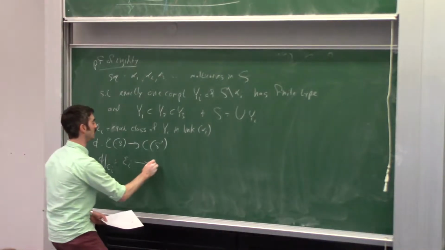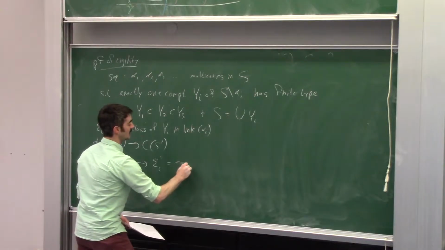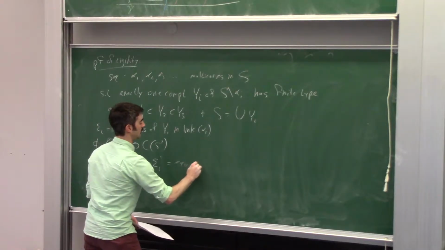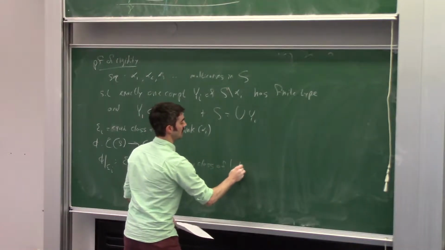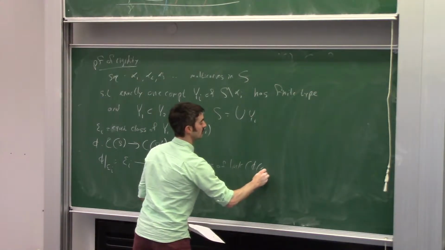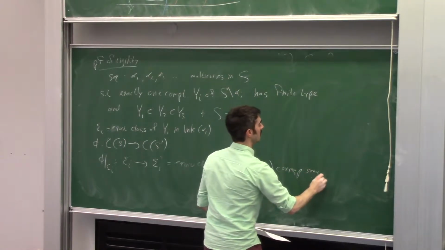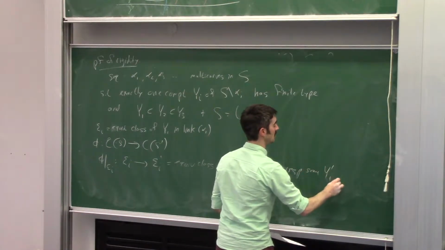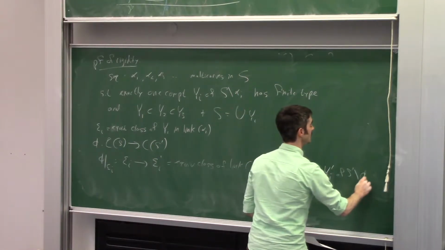So this has to go to epsilon prime, which is equal to the equivalence class of the link of the image corresponding to some component Y_i prime of S prime minus the image multi-curve.